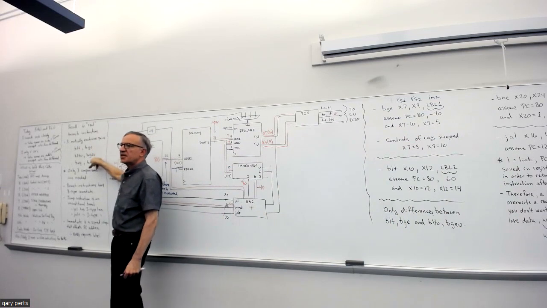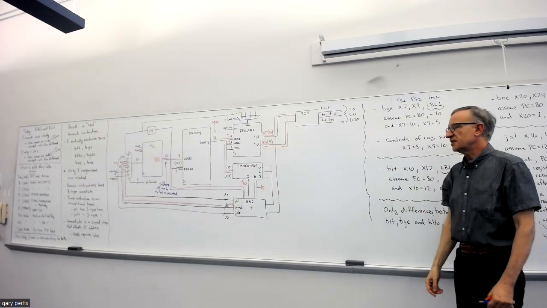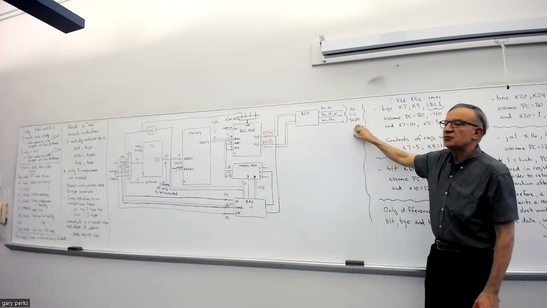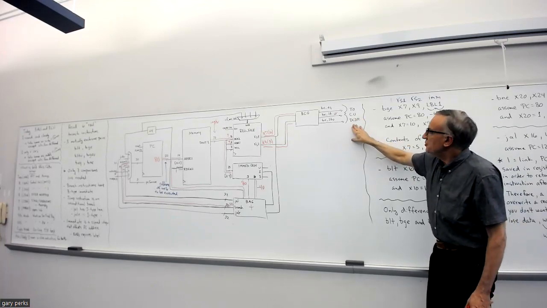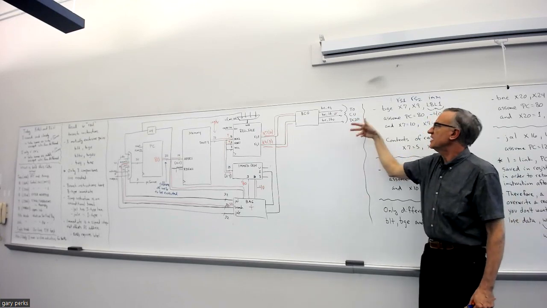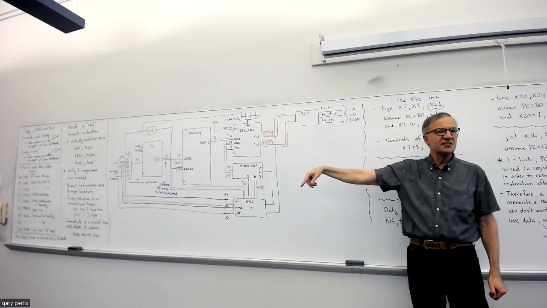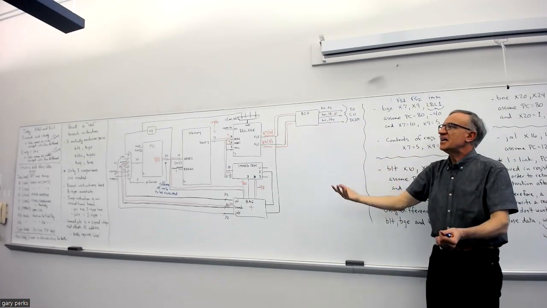Okay. Now, let me say one more thing before I answer your question because it relates to what Landon just asked. Notice that these 3 outputs go to the control unit decoder. So when you design this control unit decoder, you'll see that in there, it takes care of all 6 of those instructions. Okay, so this could have been designed a different way.